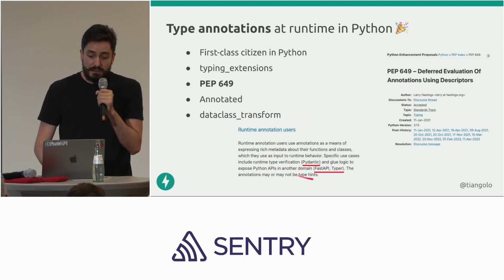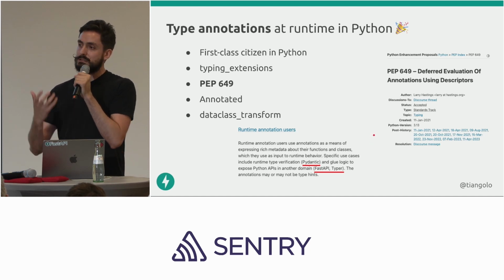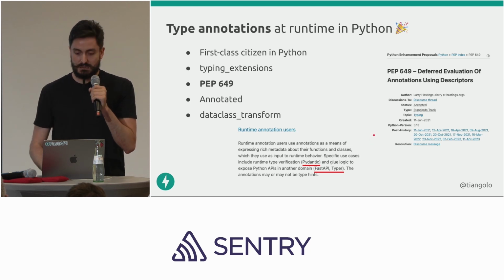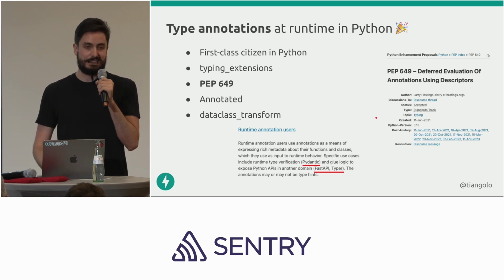And one of the main use cases for this are Pydantic, FastAPI, Typer, and these tools. So Python is taking these use cases very seriously, and it's great because we can grow all together in a very nice environment.